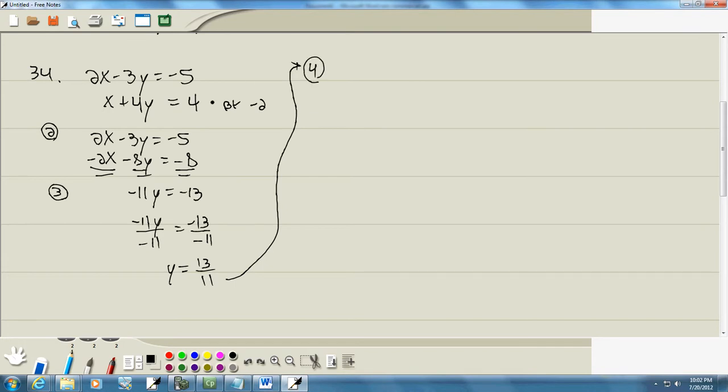Now step 4, plug this into one of your original equations, doesn't matter which one. The second one looks a little easier. x plus 4y equals 4. And we just said y was 13 elevenths. So I'll put that in there. 4 times 13 gives us 52 over 11 equals 4. Now if you hate fractions, you could go ahead and multiply everything by 11 and get rid of it that way.